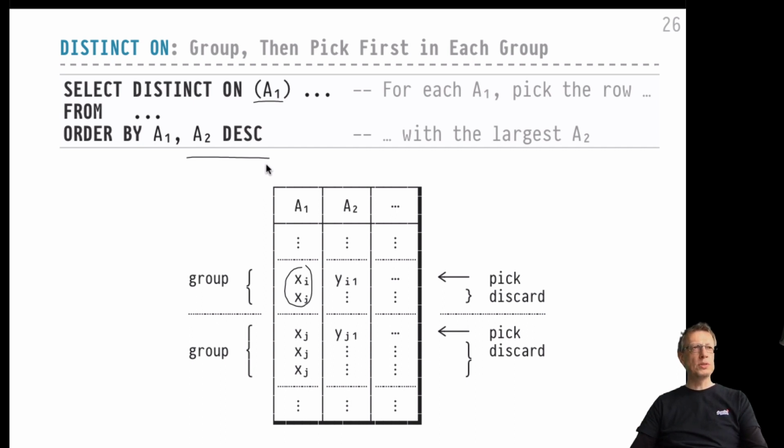It will be the representative. So in this table, you can see which row will be picked in this particular group. YI1 will be the largest A2 value in this particular group, so this is the representative. Okay, let me draw that. All right, this representative row picked by the distinct on.